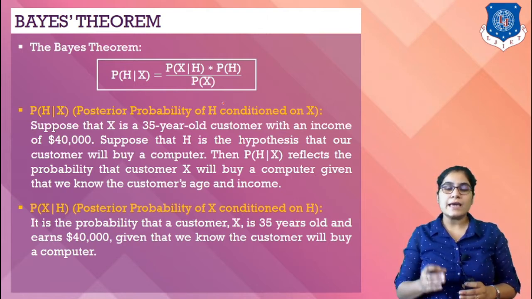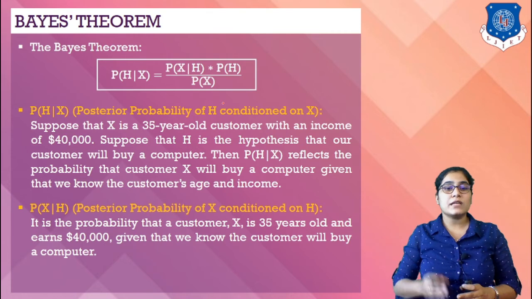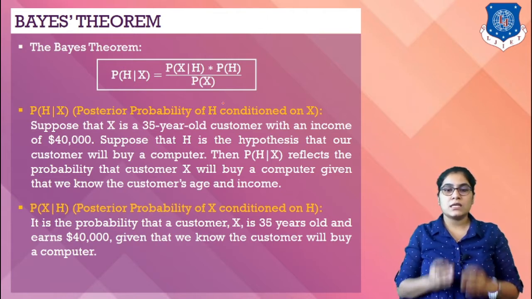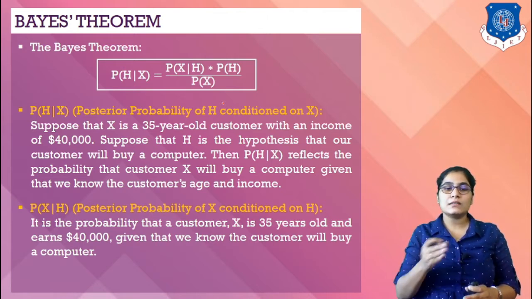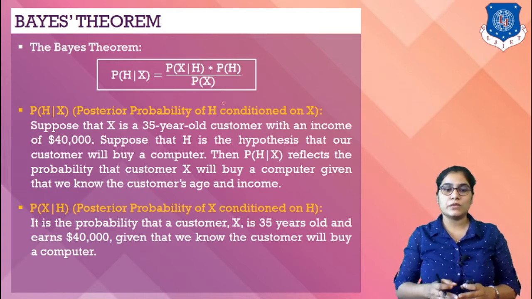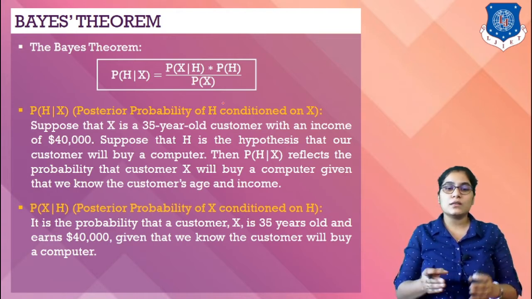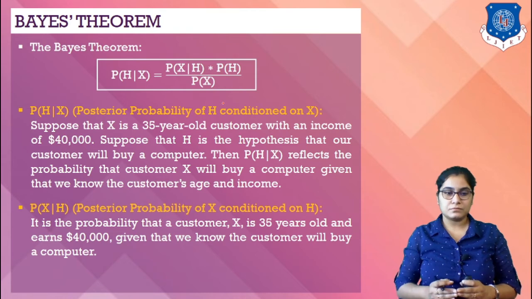Suppose that X is a 35-year-old customer with an income of $40,000. Now, suppose that H is the hypothesis that our customer will buy a computer. Then P(H|X) reflects the probability that customer X will buy a computer given that we know the customer's age and income.